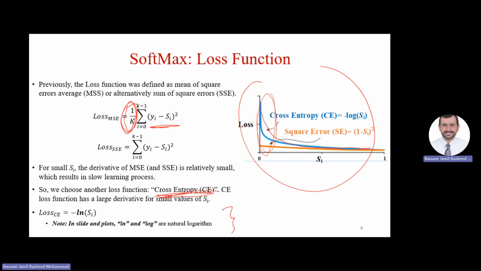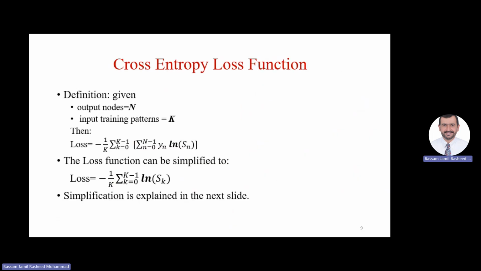All right, so let's see how we will use this cross entropy. The cross entropy function, let's define it. If you have a machine with n outputs, right? And you use k training patterns, then the loss function is defined by this formula, which we can simplify.